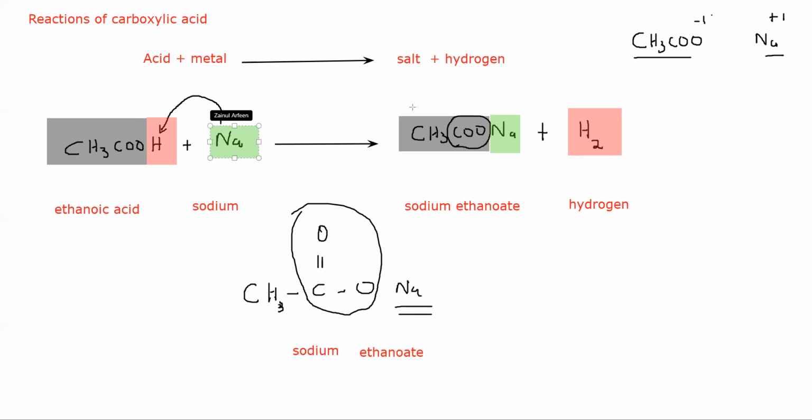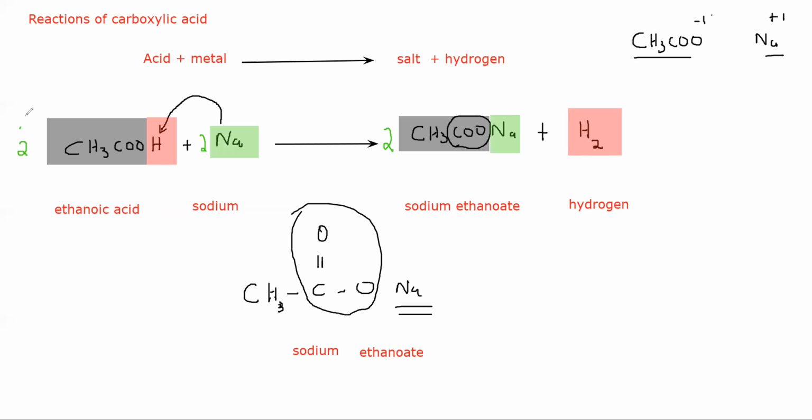So if I want to balance, how many hydrogens are there, like this part, because I'm considering CH3CO separate. You have 4 hydrogens on the left hand side, and how many hydrogen on the right hand side? 3 plus 2, 5. So if I put 2 at this one, 2 at this one, and 2 with sodium.